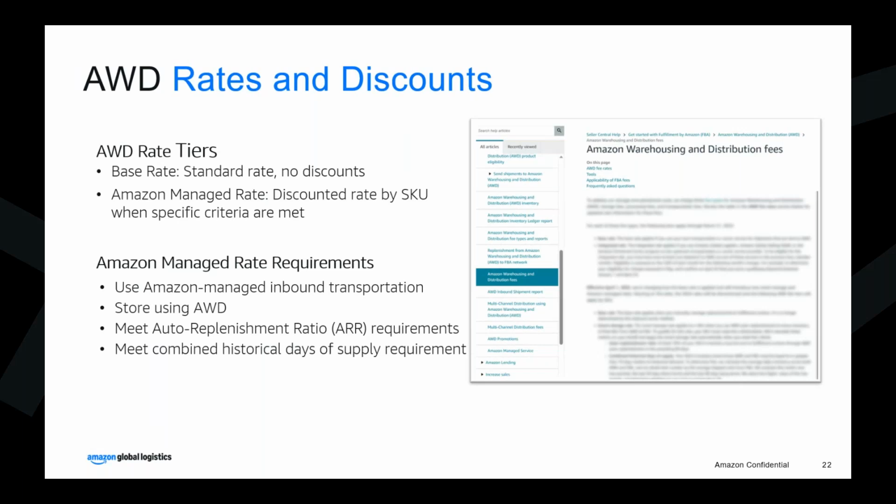Meaning if you're using an Amazon internal freight forwarder to inbound your cargo to AWD, you're getting reduced pricing. If you're using store with AWD, if you are meeting the auto replenishment ratio requirements, or also if you're meeting the historical days of supply requirements.